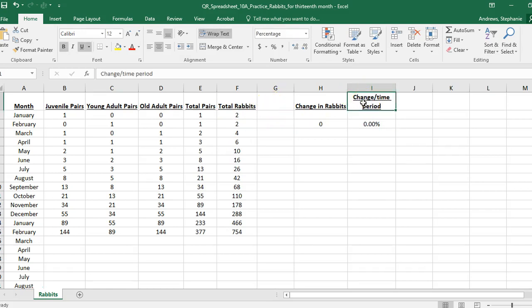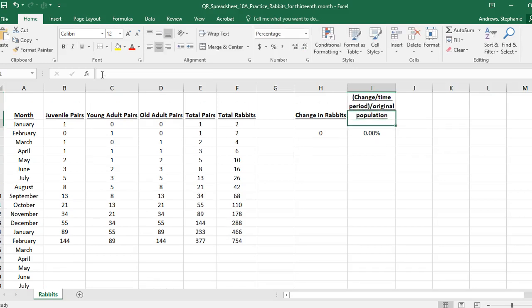What we were actually doing was taking the change in the rabbits, dividing it by a time period of 1, and then doing a little bit more. So I'm going to put those in parentheses: the change divided by the time period, and then we're going to divide all of that by the original population. Whew. So let's do it again.